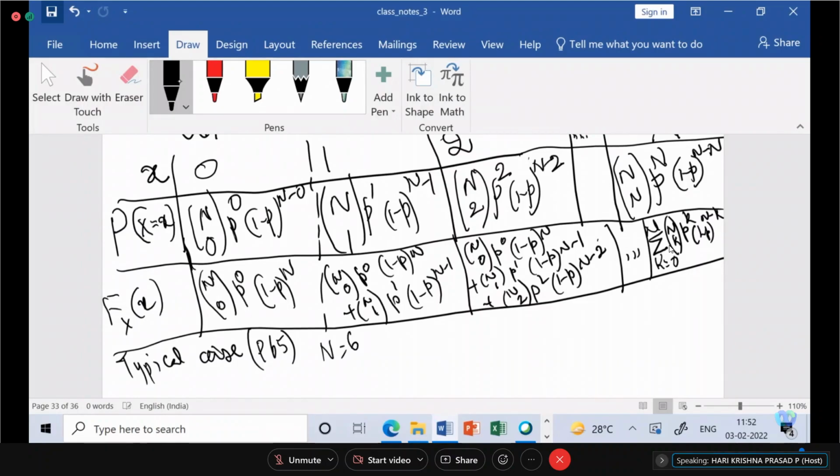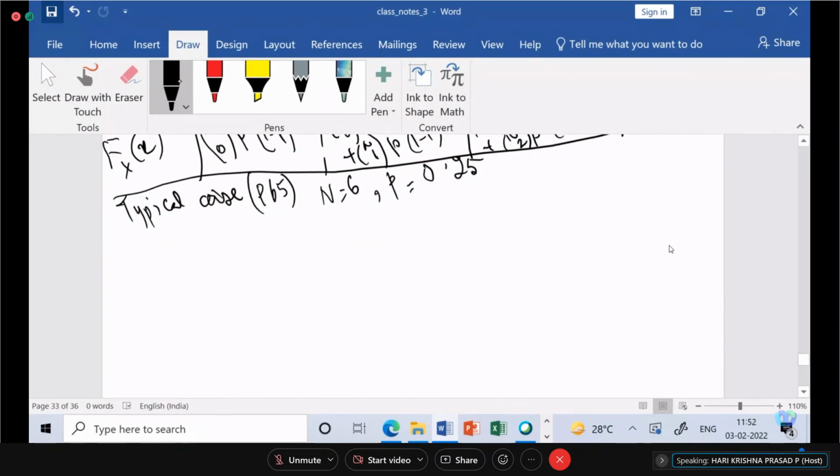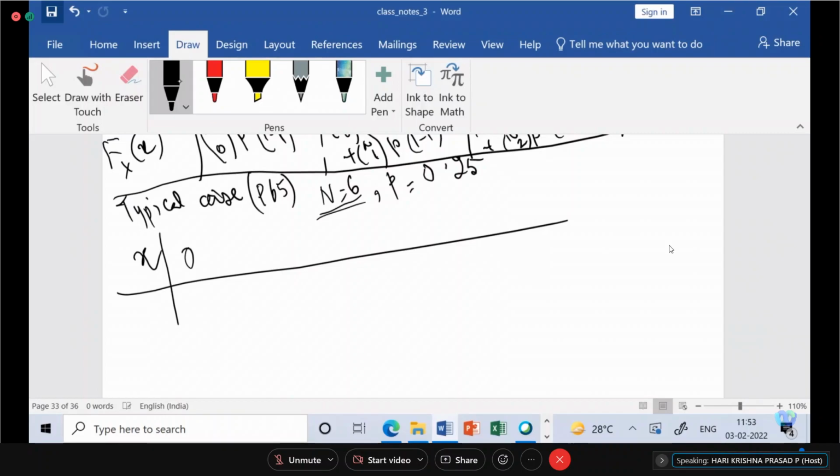For that, the values taken are n equal to 6 and the probability of occurrence of the desired event is 0.25. Small x refers to value 0, because capital N is 6, the number of times the experiment is repeated.